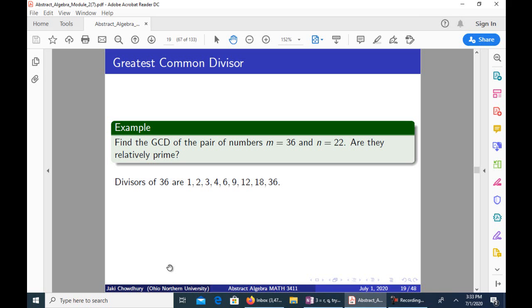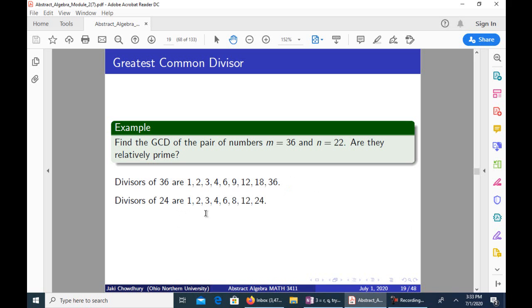One way to do it is to list out all the divisors of 36 and 24. So what are the divisors of 36? Well, it's 1, 2, 3, 4, 6, 9, 12, 18, and 36. And what are the divisors of 24?